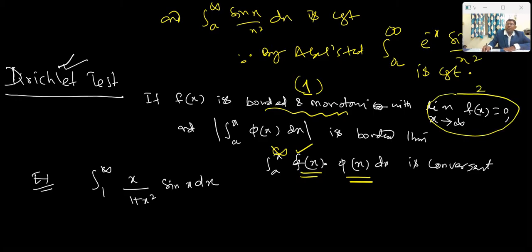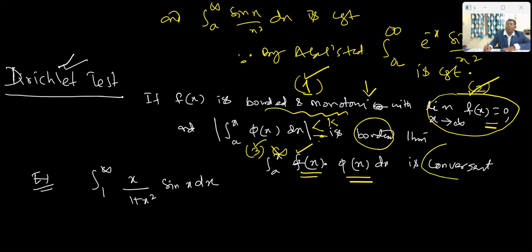In view of this, it should be monotonically decreasing, then this limit will come to 0. And secondly, the integral of phi is bounded, which means we find that it is less than some k. This is the third. If these 1, 2 and 3 hold, then only we say this product function is convergent.